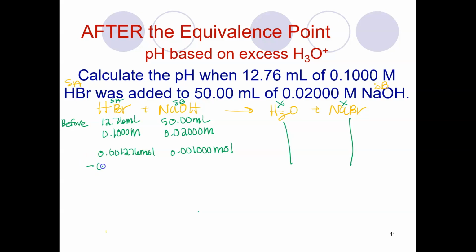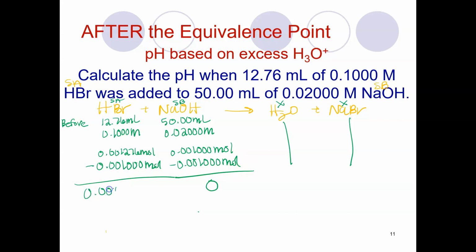So I'm going to subtract that amount from both sets, minus 0.001000 moles. So this one's going to be 0. This one's not: 0.000276 moles. So at the end of the reaction, sodium hydroxide's gone. Okay. HBr, we still have HBr left over. So we have to solve for the pH based on the HBr information.